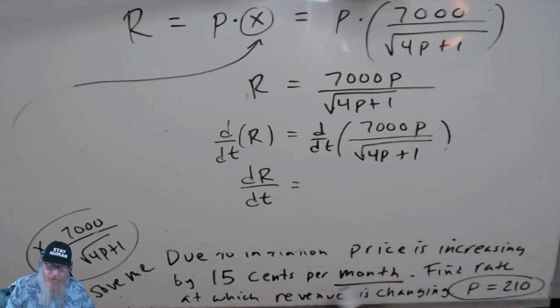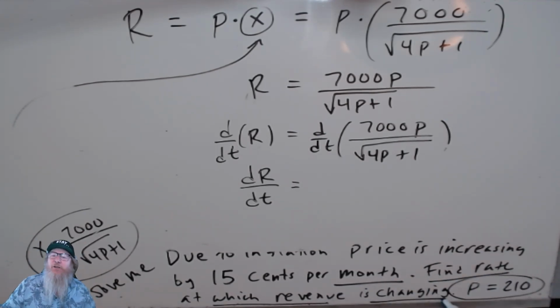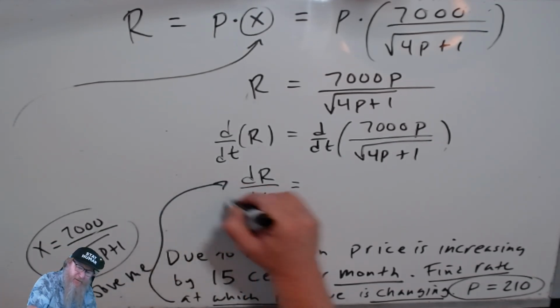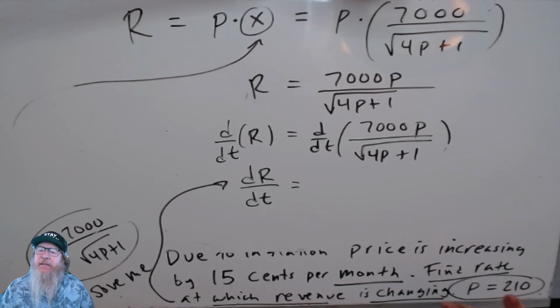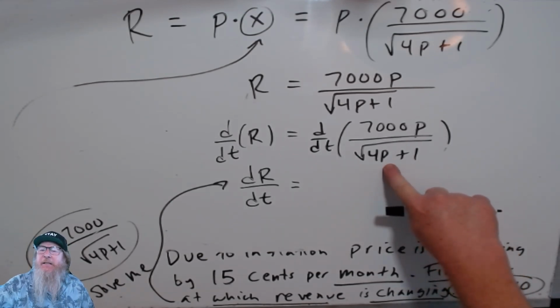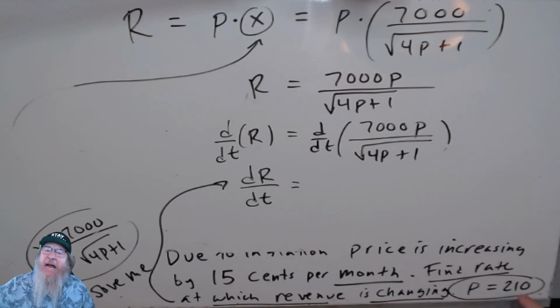That's actually what we're looking for. Find the rate at which the revenue is changing. This is the rate at which revenue is changing with respect to time. It's a function of P. So we're going to plug in 210 at the end when we're done.